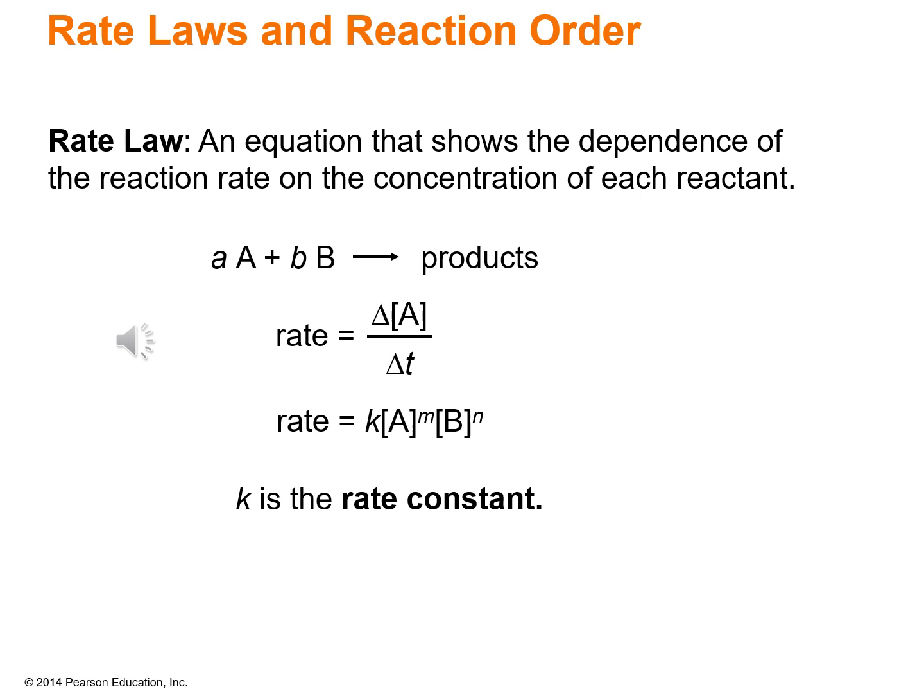The dependency of the reaction rate on the concentration of each reactant is given by an equation called the rate law. In this equation, k is the proportionality constant, which is called the rate constant.